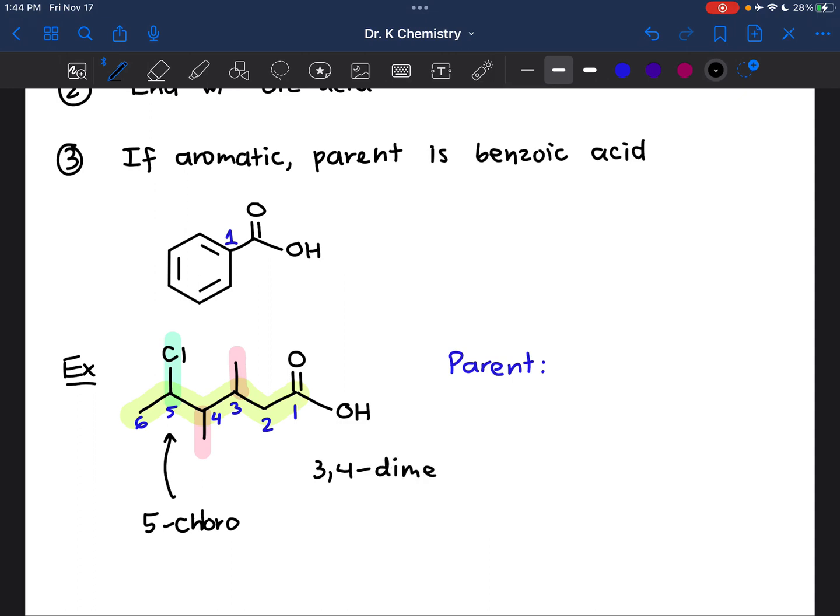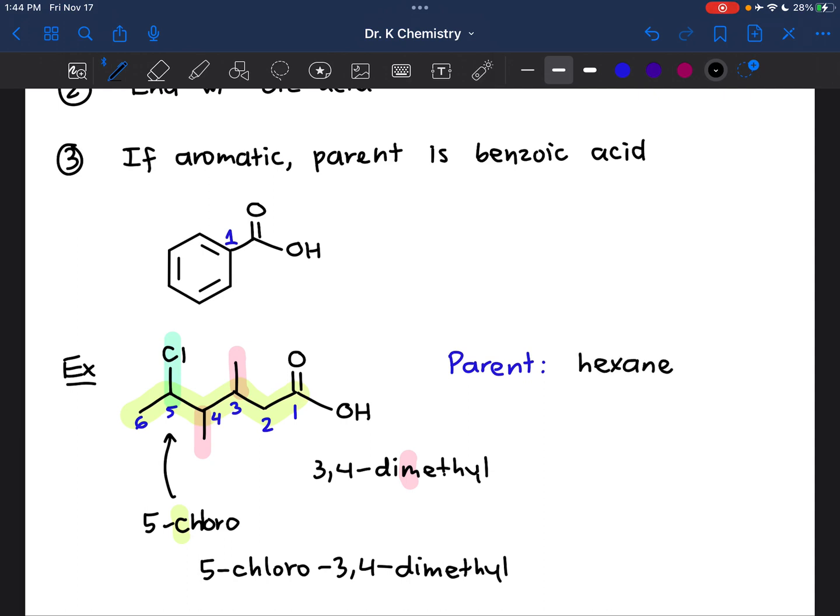So these will be called 3,4-dimethyl. And we're alphabetizing by M and C, and that will become 5-chloro, 3,4-dimethyl. And then I need the parent name.